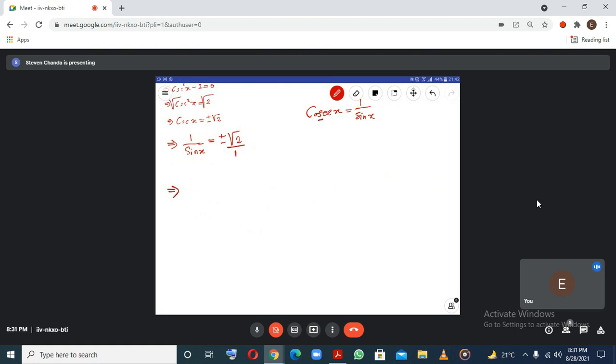So you're going to have 1 equals plus or minus root 2 sin x. Of course, this is just me trying to show you all the processes, but anyway, that's that.